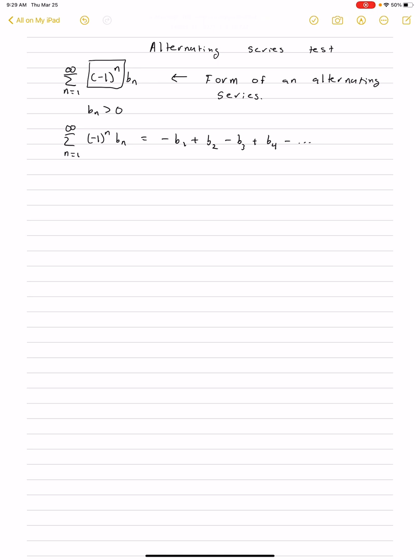Okay, so the alternating series test says this. It says that the series converges if two conditions are met.